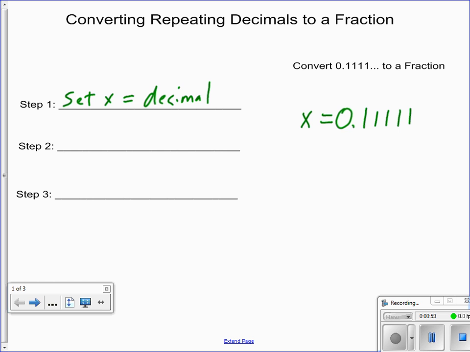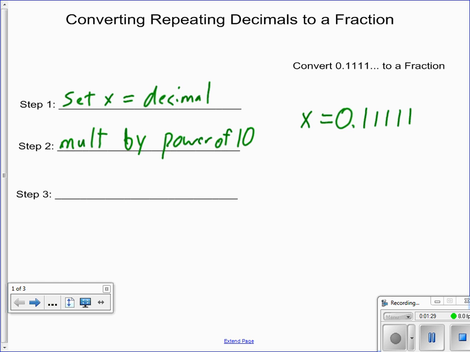Step 2 then, we're going to take x and we're going to multiply it by a power of 10. So 10, 100, 1,000, 10,000, some kind of power of 10.